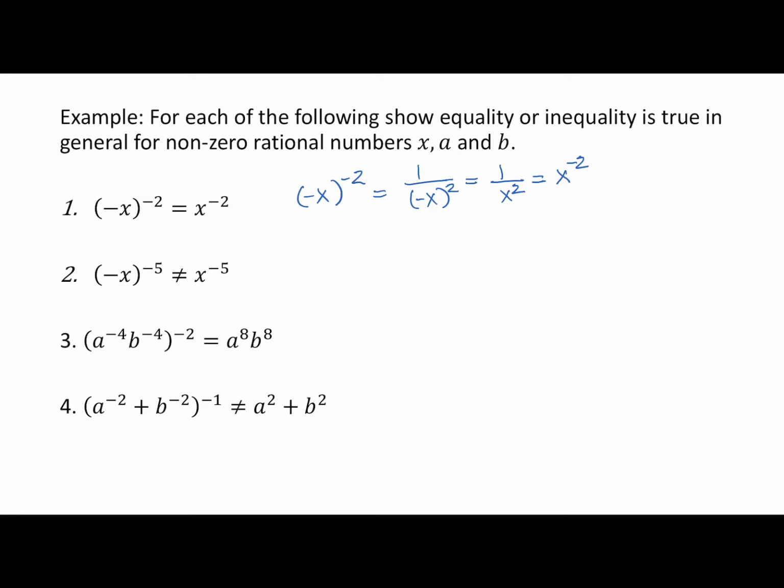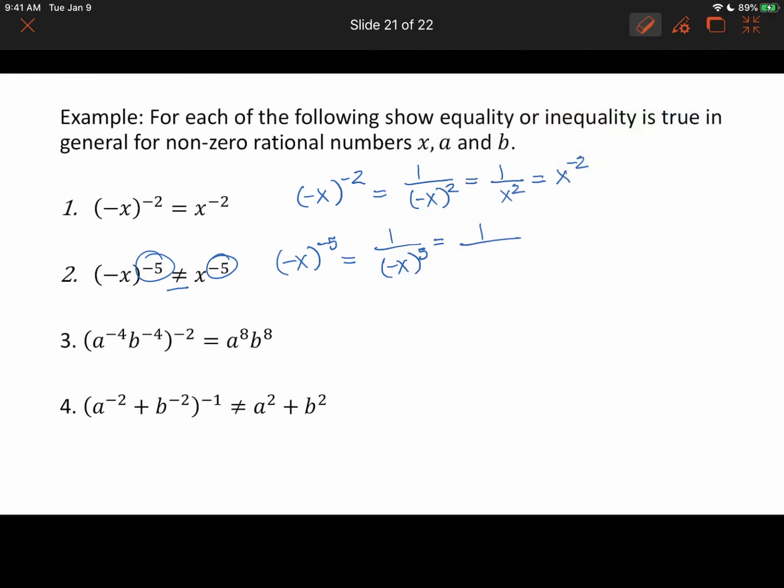What about number 2? The only difference here is now my exponent is negative 5, and I have an inequality. Well, what happens when I take negative x to the negative 5? That's going to be 1 over negative x to the positive 5. Let's think of negative x as negative 1 times x, so that when I have this exponent, I can bring it into each term.